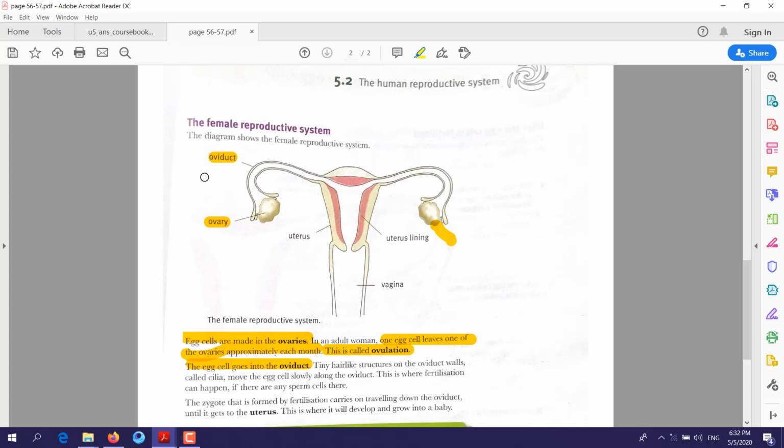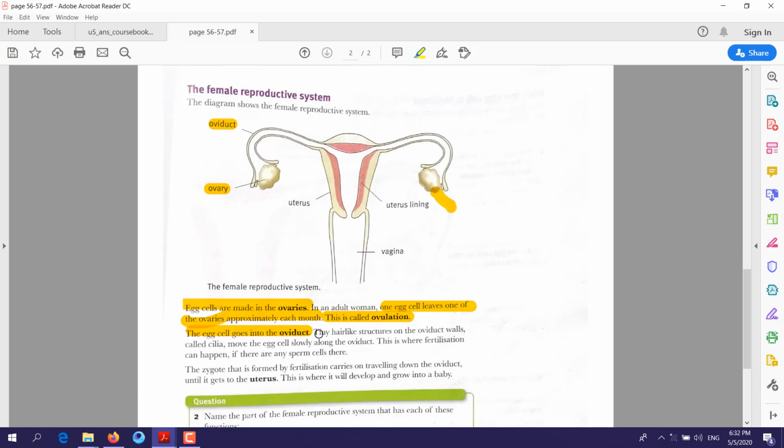The egg cell will be fertilized in the oviduct. When the egg reaches the oviduct, if there is sperm inside it, that means there will be fertilization. If not, then this egg will keep moving until it is released outside the body.